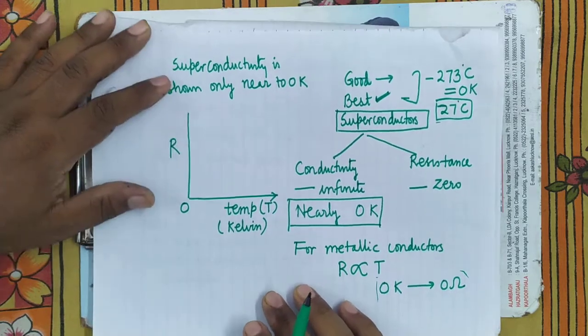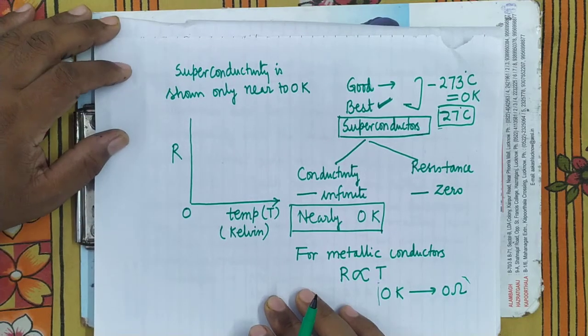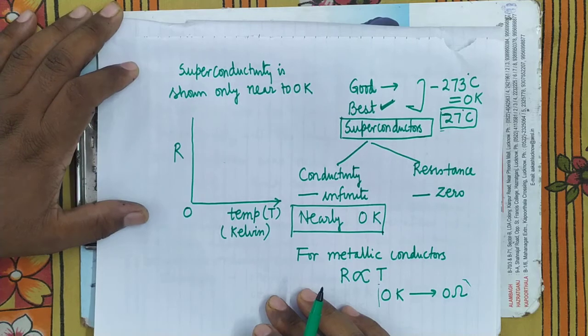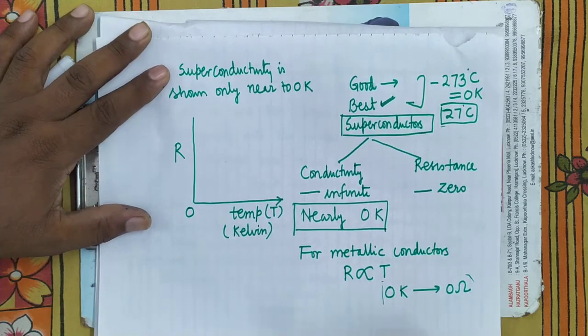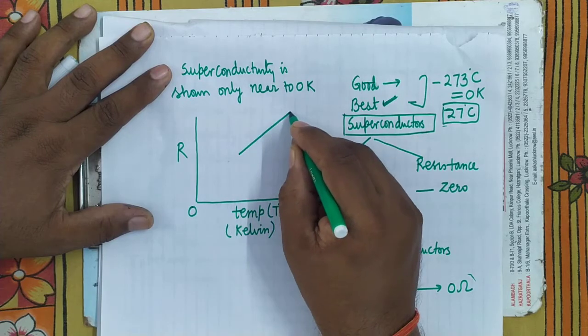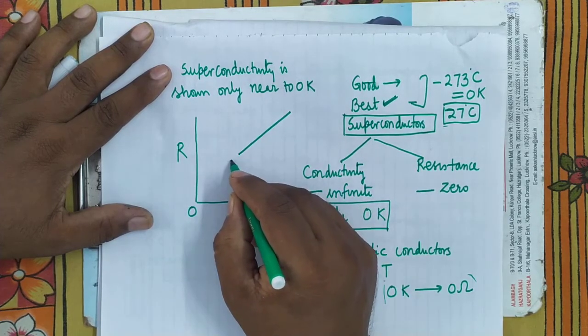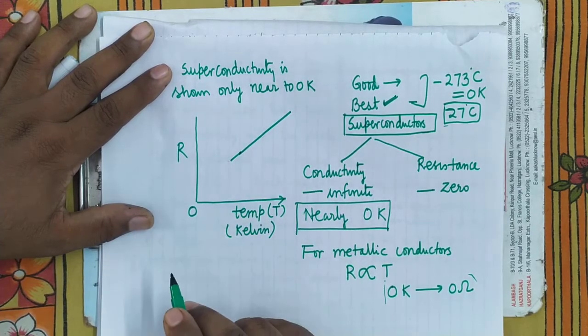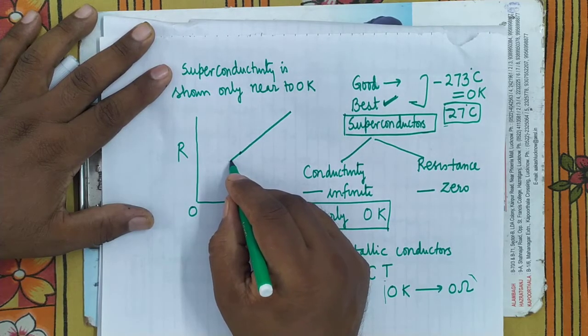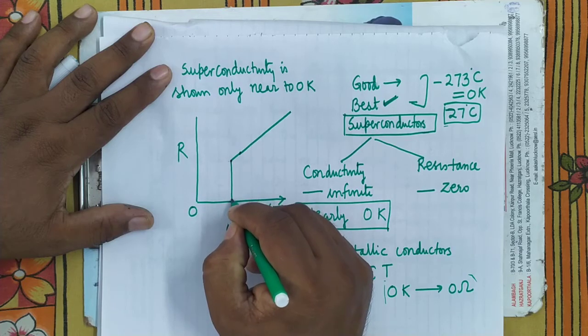Experimentally it has been found that there are some materials, for example niobium, mercury, lead. When their temperature is decreased, then at a low temperature which is called the critical temperature, their resistance abruptly falls and becomes 0.